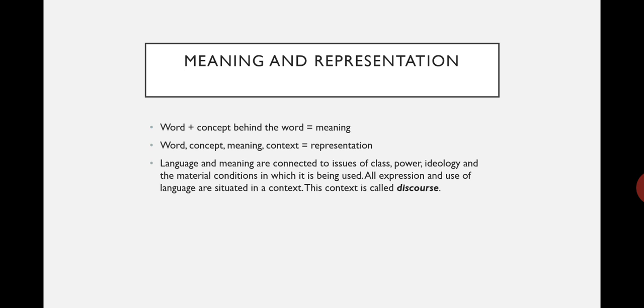That is, we have a word, tree. The word tree brings a concept into our mind. Then we get a meaning. We understand what a tree is. Word, concept, meaning, context. That represents something. In the modern context, a tree means environment.